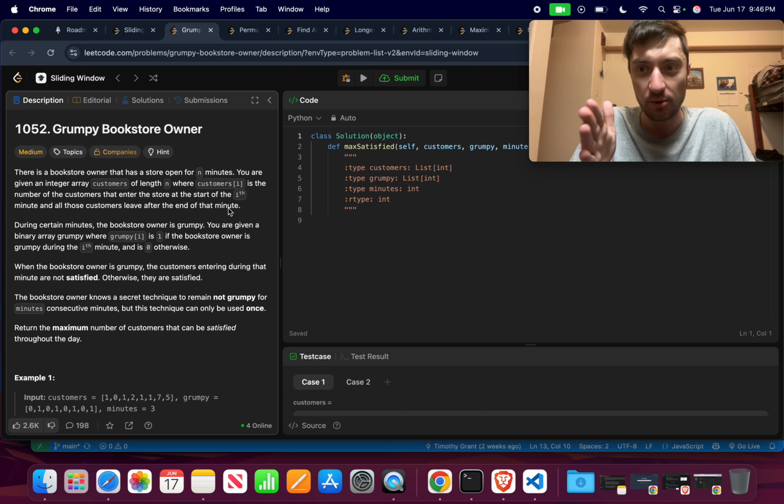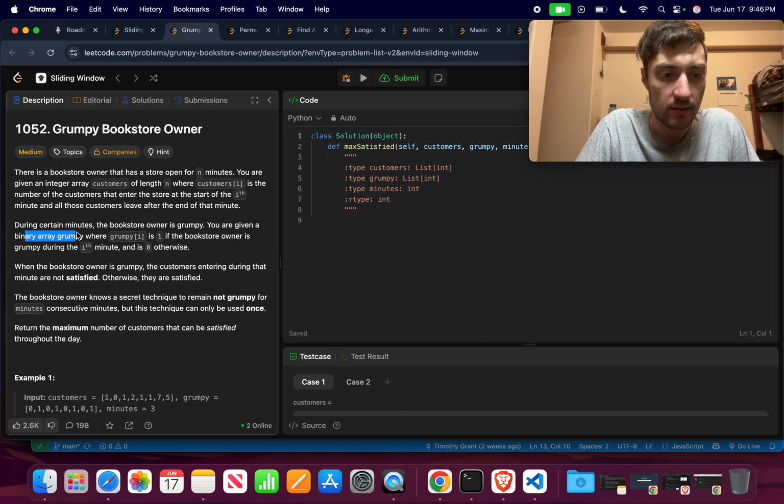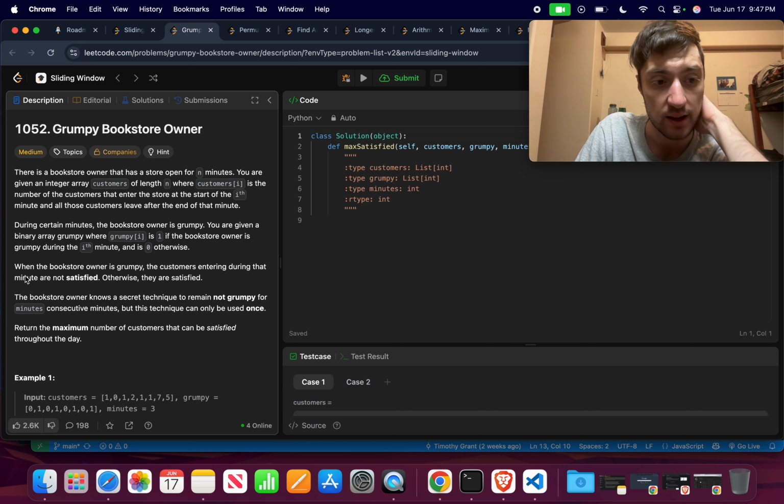During certain minutes, the bookstore owner is grumpy. You are given a binary array grumpy, where grumpy[i] is 1 if the bookstore owner is grumpy during the ith minute, and 0 otherwise. This indicates which minutes the store owner is grumpy. When the store owner is grumpy, the customers entering during that minute are not satisfied.